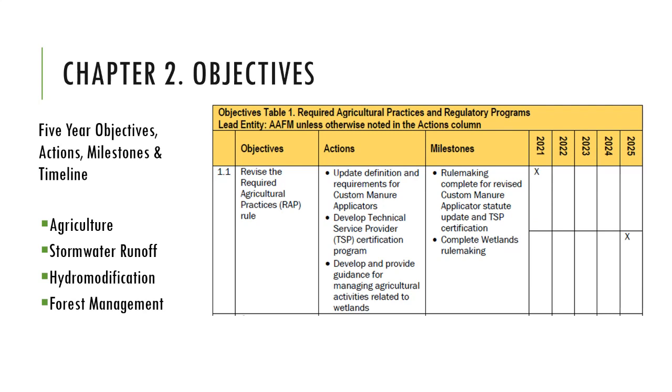So there's an objective, the actions that you need to do to complete that. The milestones are like, what's the deliverable? What are we going to get out of it? And then when are each of those milestones going to be completed? So this is important. These tables are really important because we will actually report on our progress back to EPA annually on how we're doing with each of these objectives.